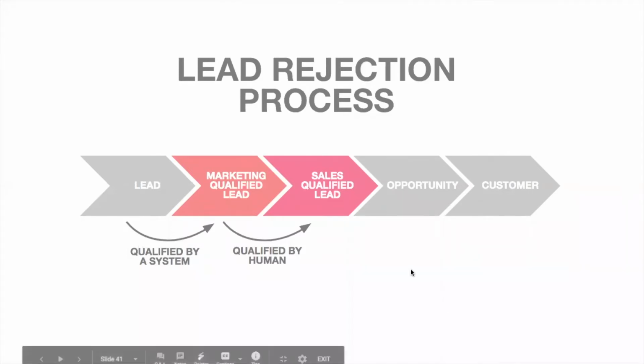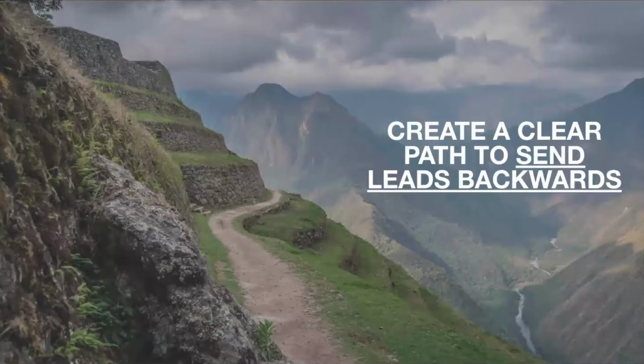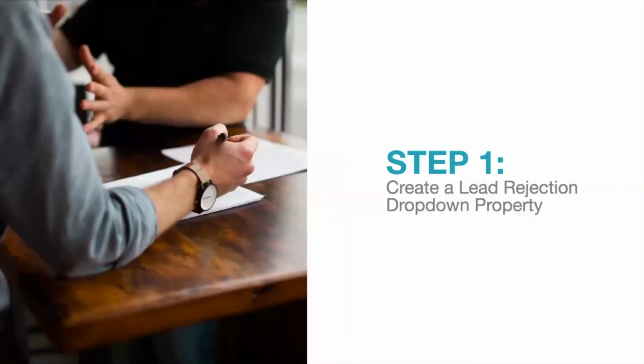And this is obviously more in the marketing qualified to sales qualified stage, where we're understanding where they're at in the buying process, and where we can feel a lot more confident getting that yes or no. And obviously this is the no. So creating that clear path to send those leads backwards, or nurture them further, I think is going to be really important. And that's part of this exercise.